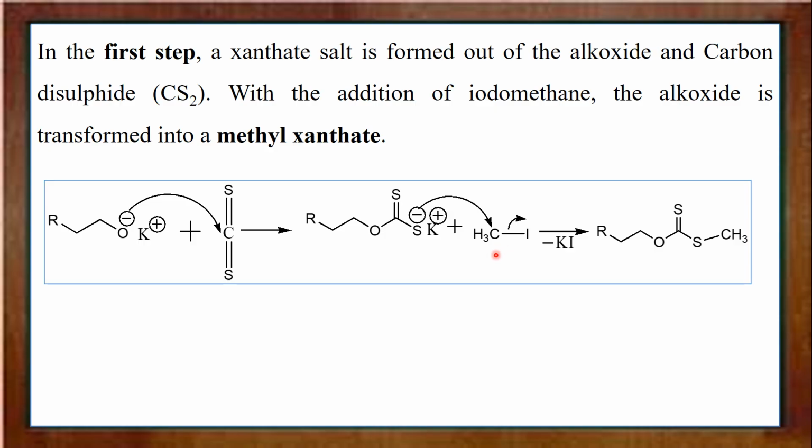And here an SN2 reaction takes place. S minus is the nucleophile, iodide is the leaving group. So S minus attacks the carbon, pushing this iodide out by the SN2 mechanism. Therefore, the sulfur gets methylated, and this is what we call methyl xanthate.